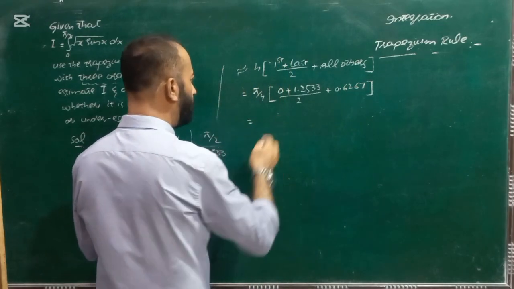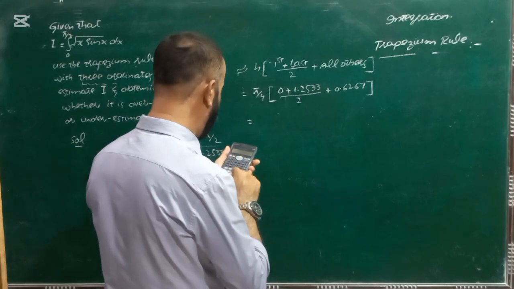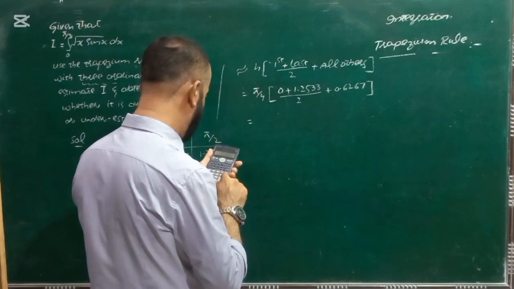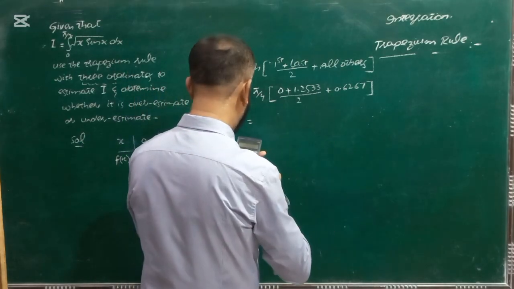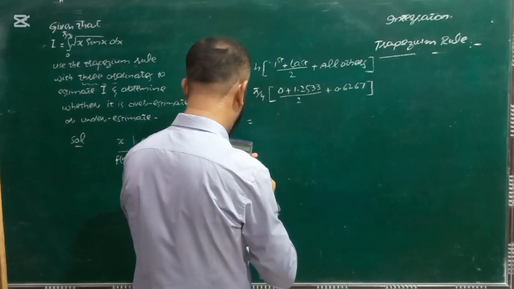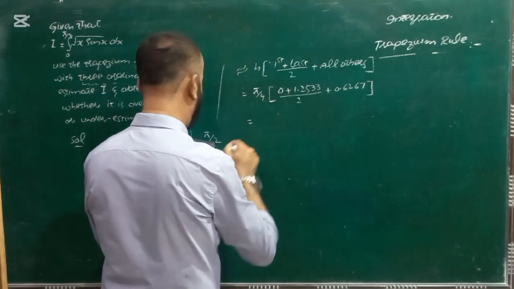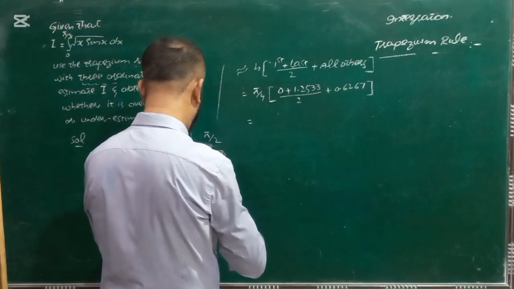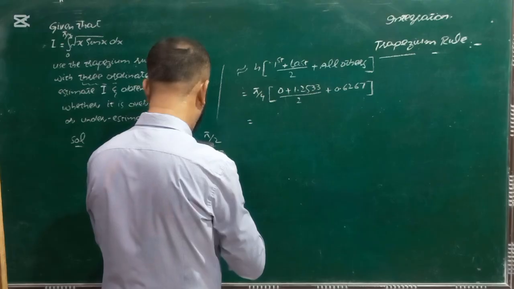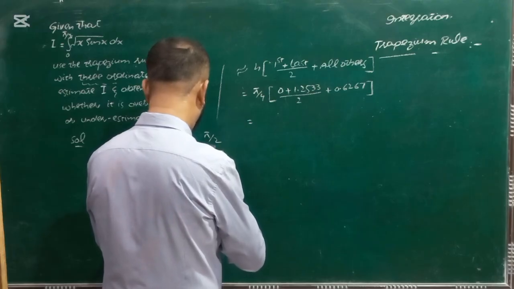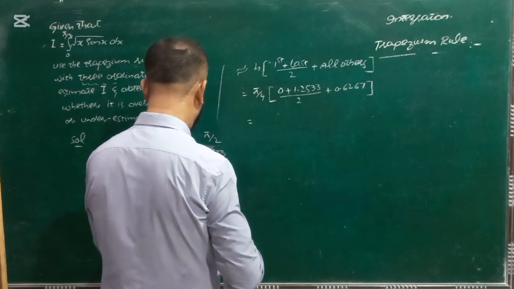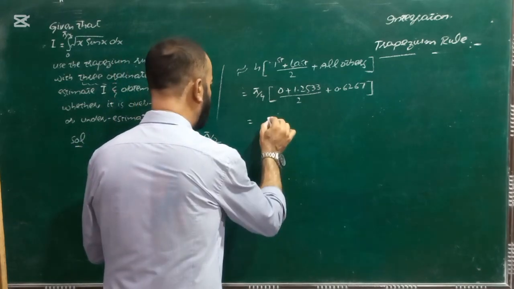So solving it now, 1.2533 divided by 2 plus 0.6267, into pi by 4. So the answer is 0.9843.